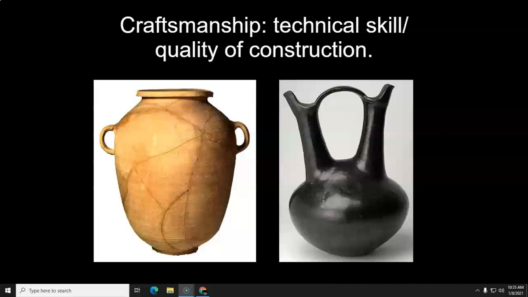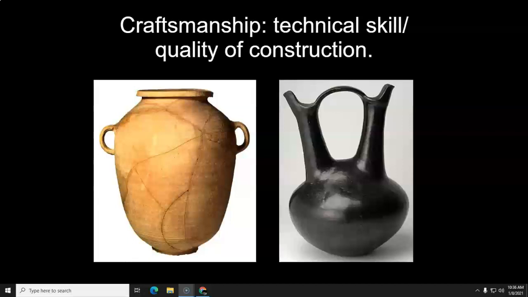If you look at the pot on the left, the tan pot, it's large, but if you look carefully at the bottom and the handles, it's not even. Everything isn't centered, it's not balanced, it's not decorated, it's not glazed, it's just plain. And the handles are a little bit small for your hand to really hold.